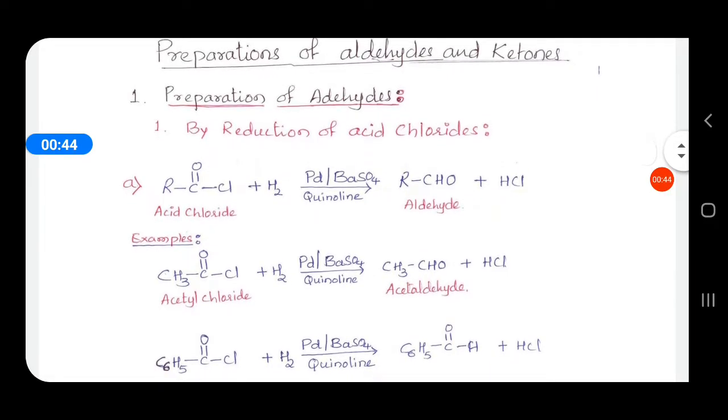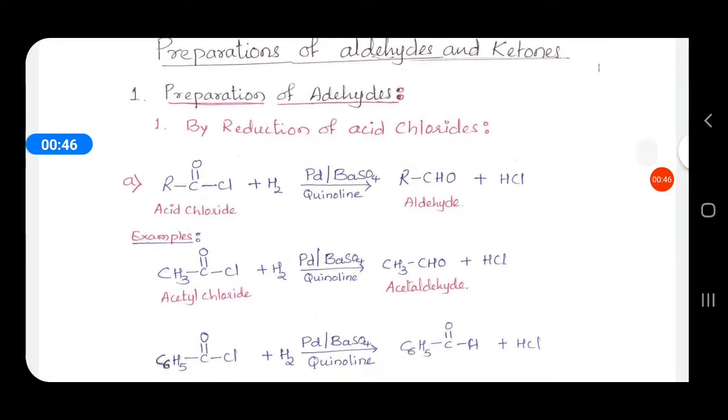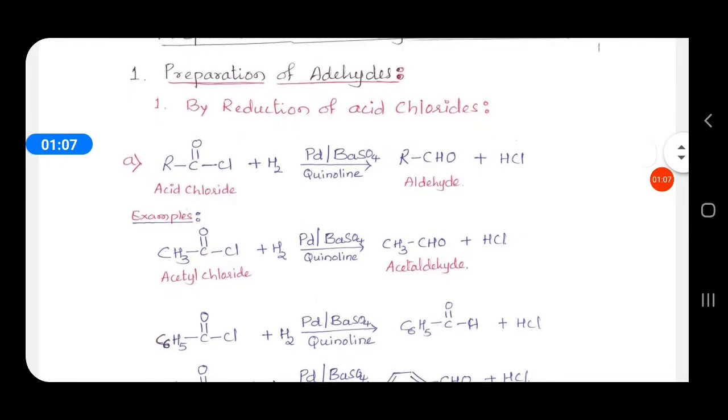The preparation of aldehydes by reduction of acid chlorides. The acid chloride, RCOCl, is reduced by hydrogen in boiling xylene in the presence of palladium catalyst supported on barium sulfate.